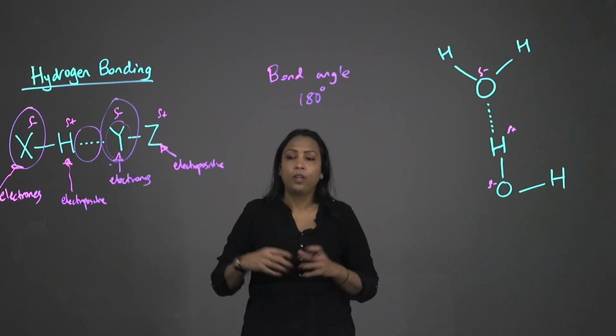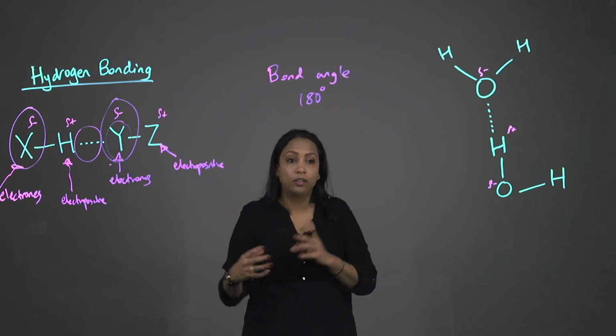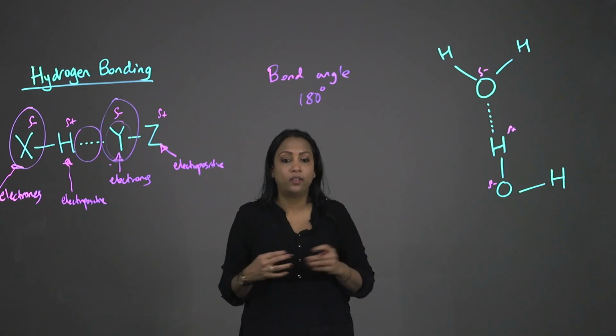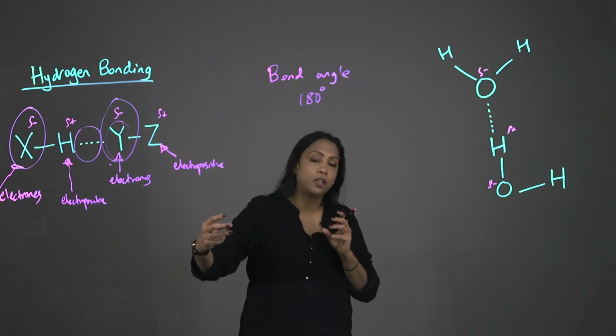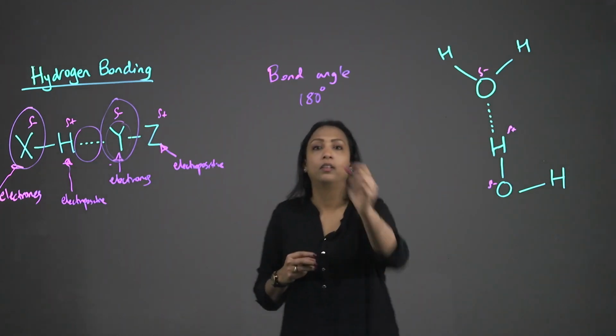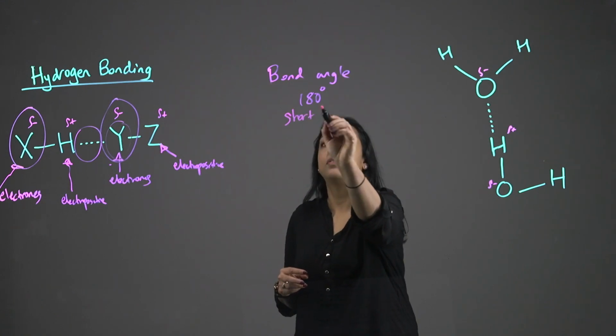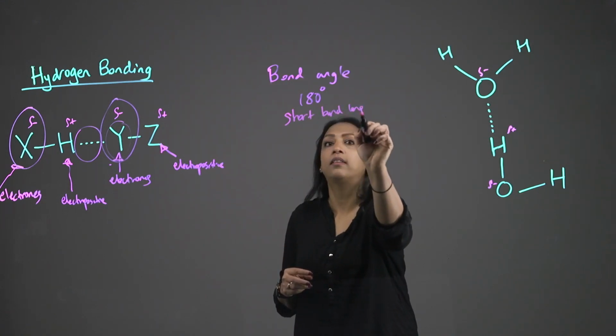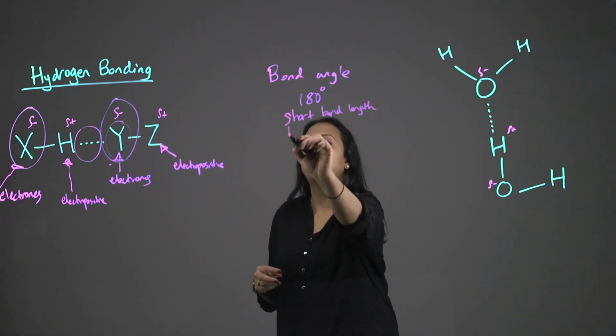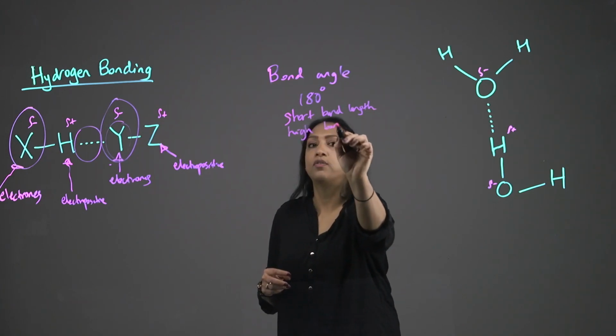So the closer the bond angle is to 180 degrees, the shorter is the bond length. So I have short bond length, and I have high bond strength.